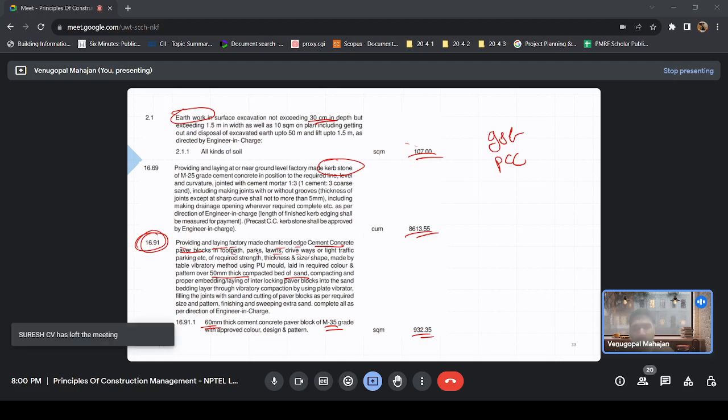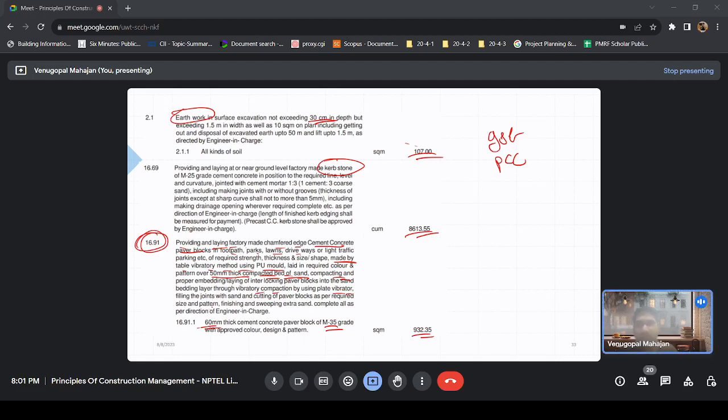Required strength and size, so you have got a strength and size here. Then how were they made? Were they handmade, hand molded? No, made by table vibratory method using PU mold. What would be this sand bed? 50 mm, well compacted, so that you don't have to pay extra for compacting, right? And how do you have to compact it? Vibratory compactor by using plate vibrator.